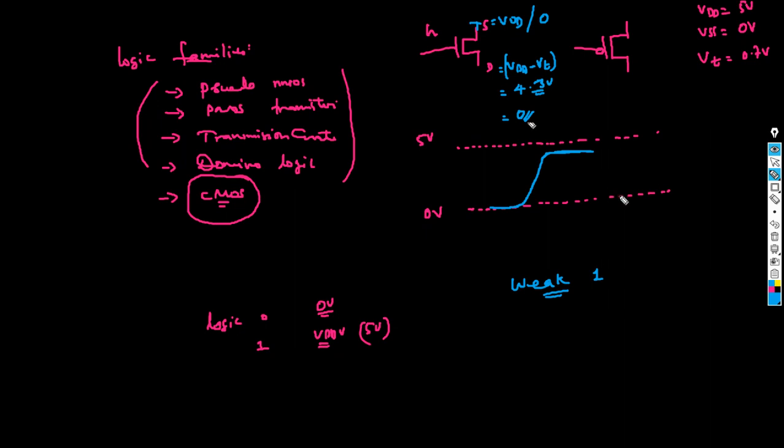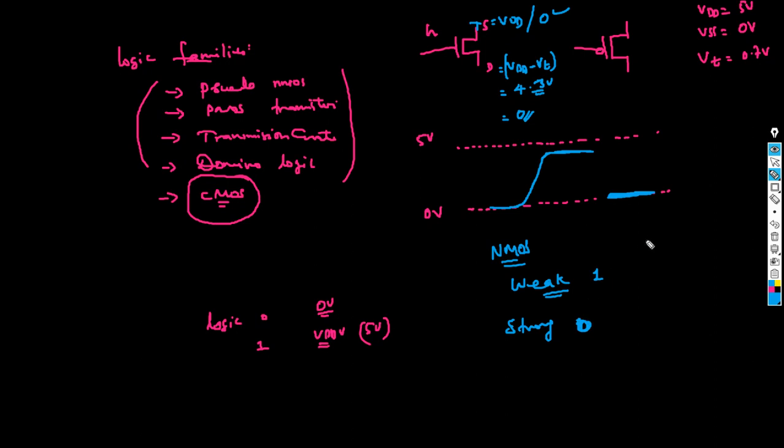So in case of NMOS, when you connect your source to zero and make it operate, it gives you exactly the level that you wanted. This is what we call a strong zero. So the NMOS gives a weak one and a strong zero.